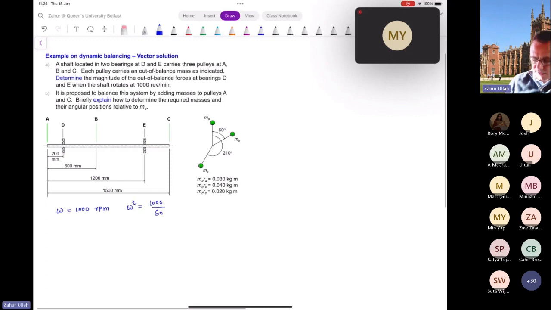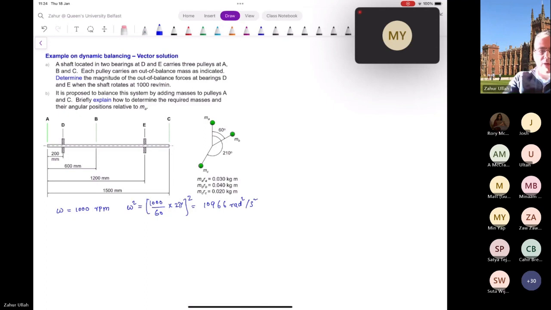We will divide by 60 and multiply by 2 pi, and then we make it square. So this will be 10966 radian square per second square. We calculate omega square because we want to calculate the actual forces here.